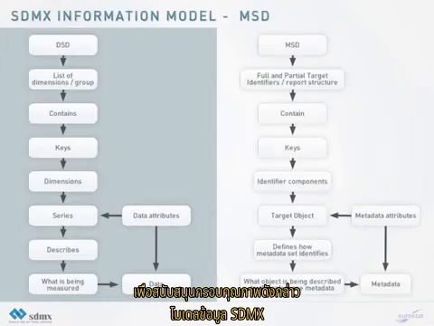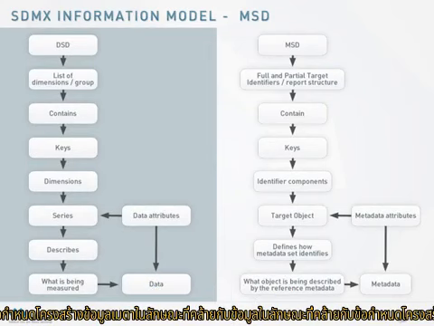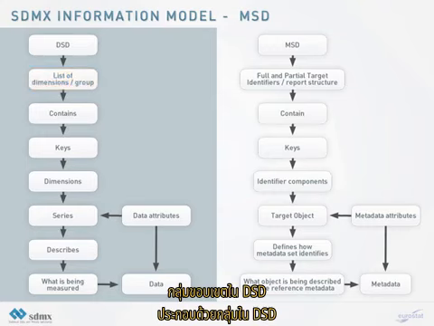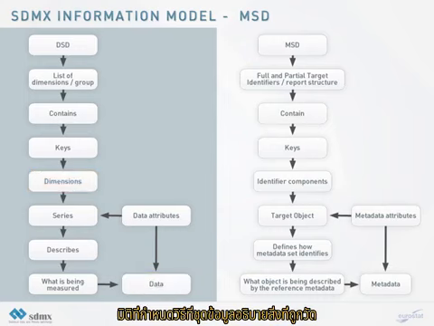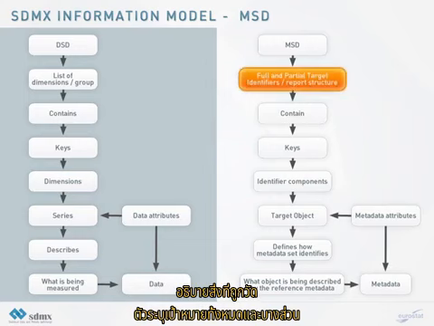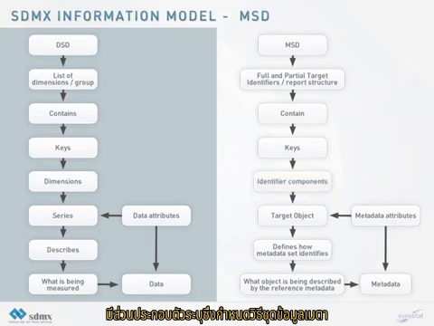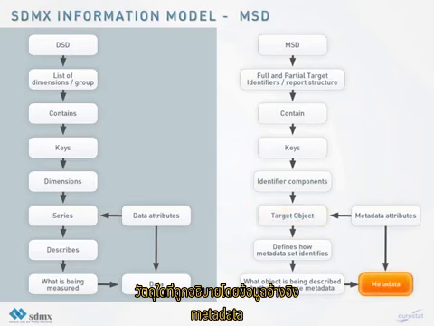The SDMX information model intentionally models the metadata structure definition in a way that is similar to the data structure definition. Where the dimension list, and to some extent groups, in the DSD contains dimensions which define how a dataset described what is being measured, the full and partial target identifiers in the MSD contain identifier components which define how a metadata set identifies what object is being described by the reference metadata.